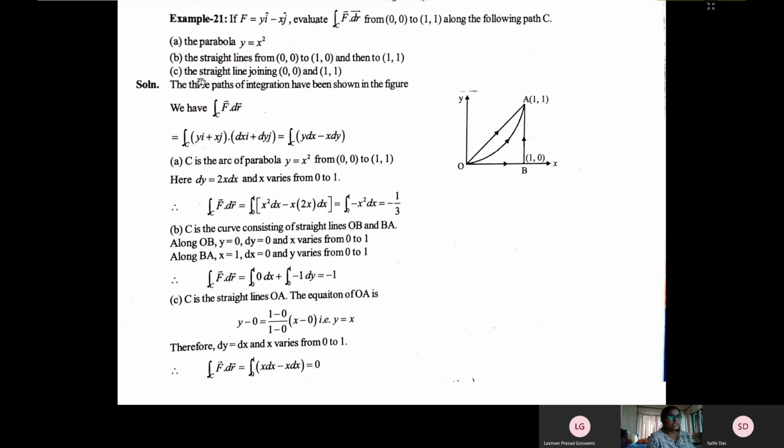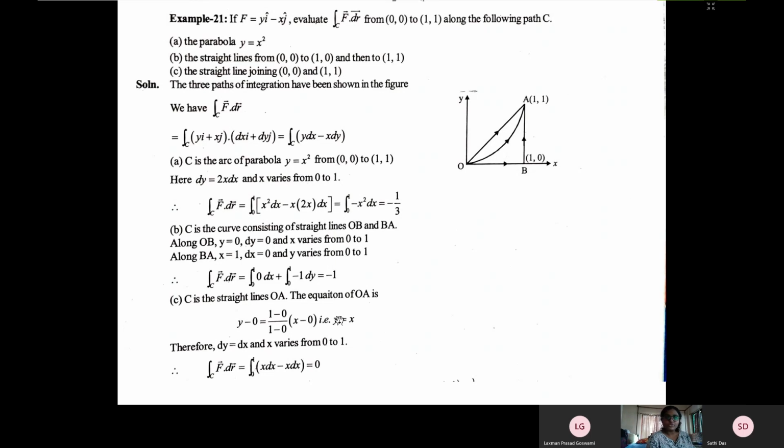Okay. Suppose the third path is the straight line joining 0 0 to 1 1. So what will this be? Then you find the equation of OA: y minus 0 equals (1 minus 0) by (1 minus 0) into (x minus 0).